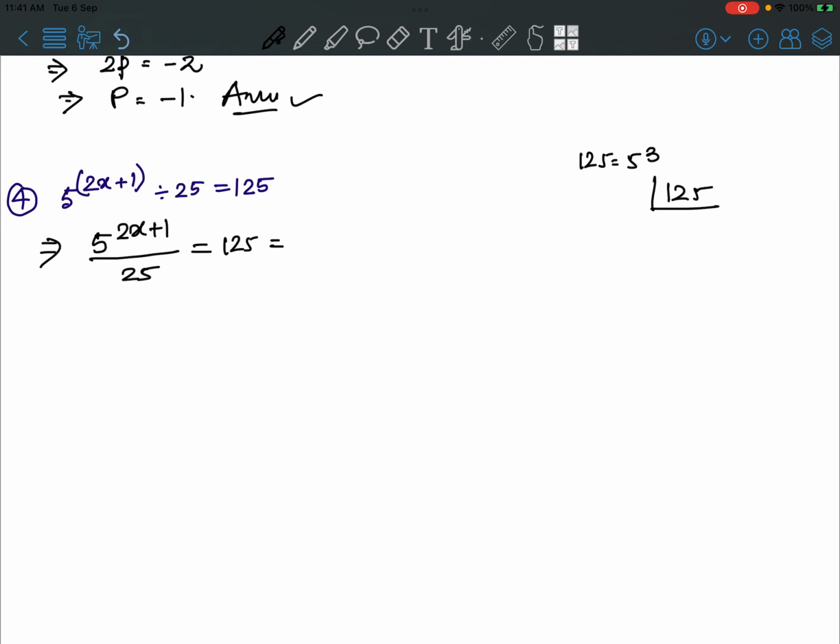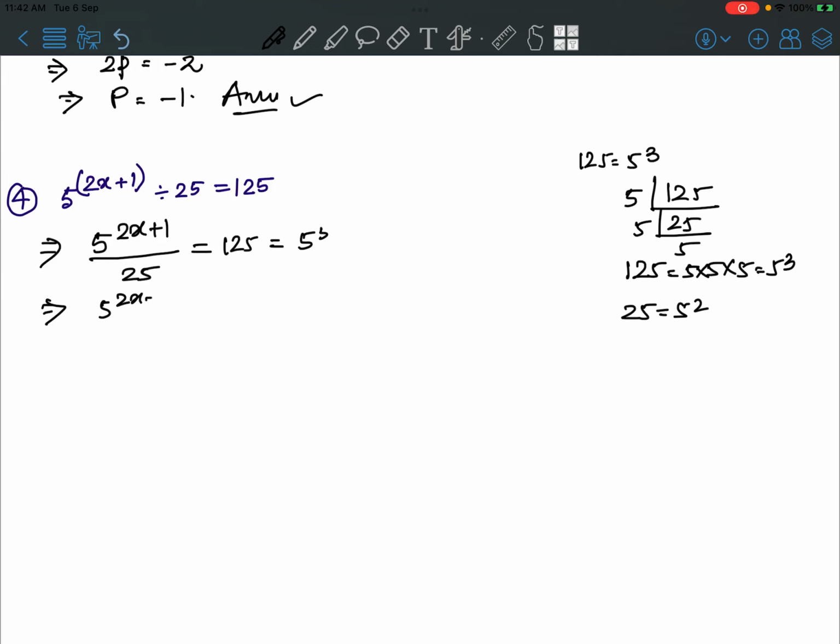This is the way you can factorize the numbers. 125 divided by 5, we get 25. 25 divided by 5, we get 5. So we can write 125 as 5 into 5 into 5, that means 5 cube. Now 25, we can write as 5 square. Do the factorization on your own, you will get 5 square.